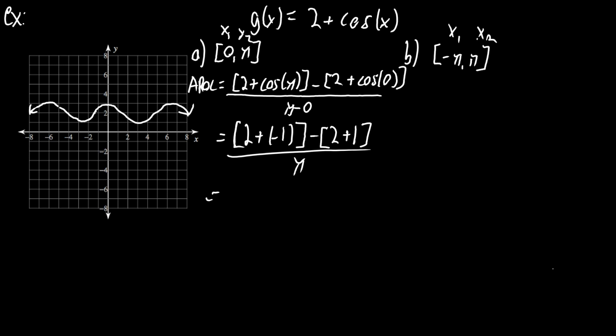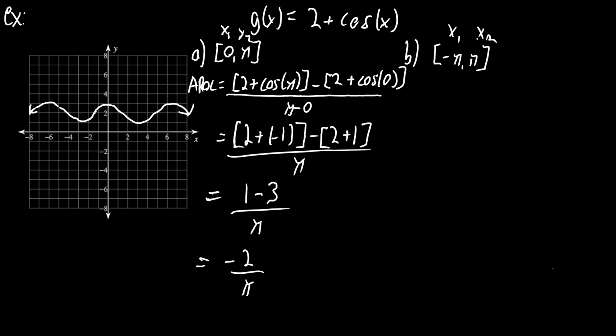So 2 plus negative 1 is negative 1, or not negative 1, excuse me, just 1. 1 minus, over here, 2 plus 1, so we have 1 minus 3 over pi, and this is just going to equal negative 2 over pi. And that's just after plugging everything into our formula.